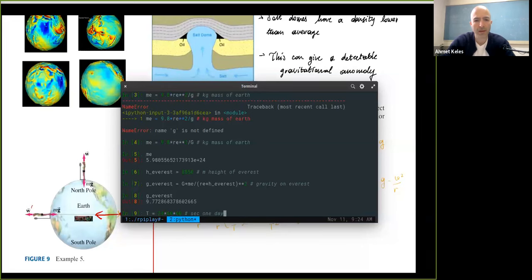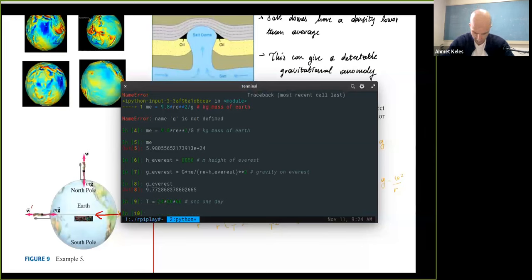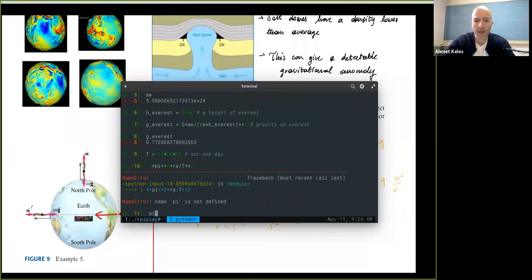seconds, 1 day. Okay. Now this delta g is equal to 4 times pi squared divided by T squared, right? Is that correct? 4 times pi squared times, oh, there's also an R. I think we put R_E here. I think it should work. Oh, pi is what?